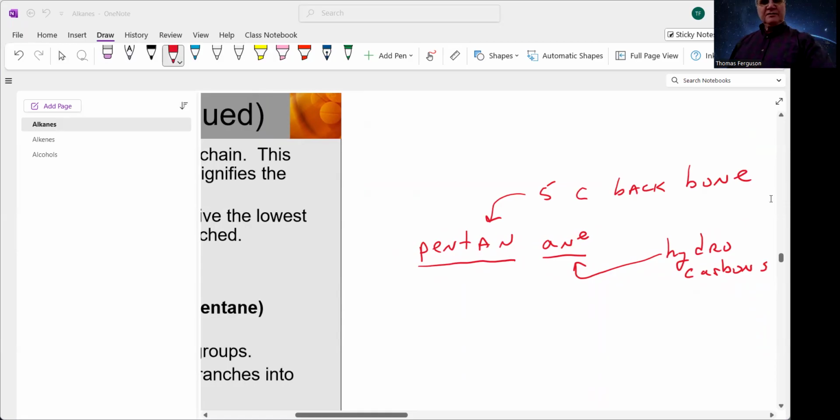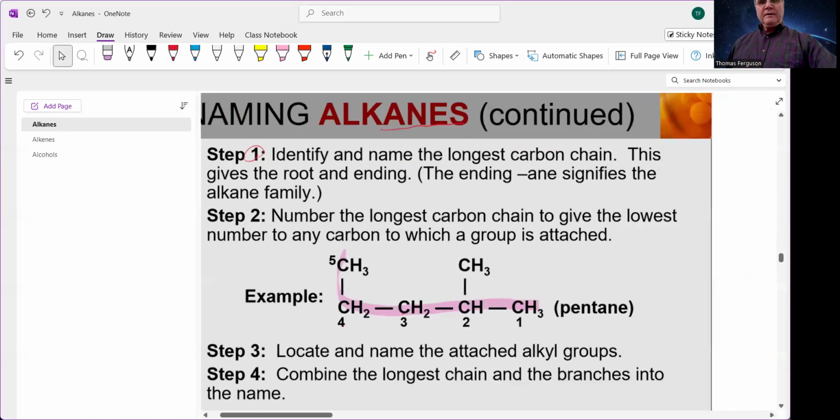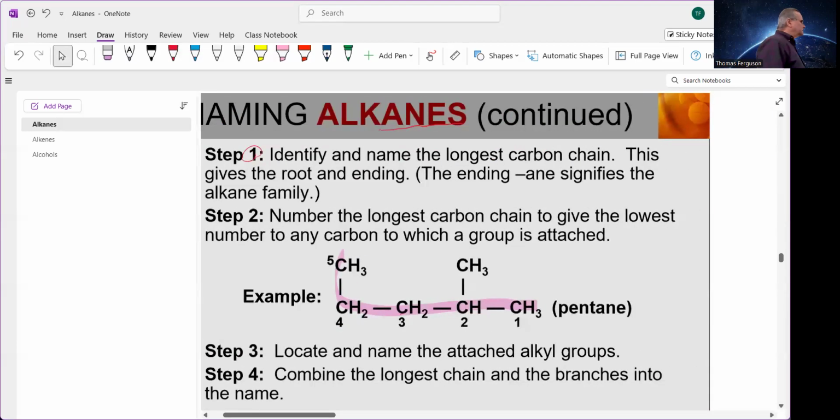Now the next one is, do we have any carbons off the backbone? We do. We have 1 carbon long. Now we have to name the carbon it comes off of. Here's where it can get tricky: we have to number this from the left and the right.